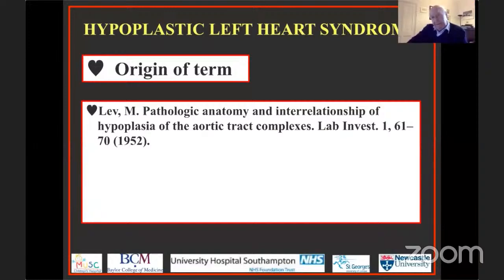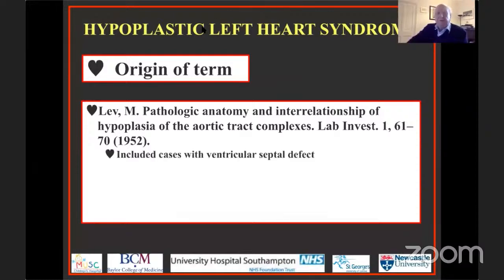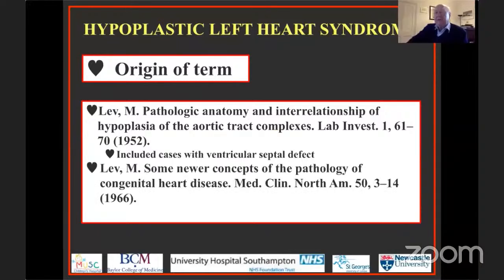And what is significant for our discussions today is that around this time, Lev produced two descriptions of his findings. This is the first one, to which Noonan and Nadas had referred, 1952. And what is interesting is that in that initial description, Lev included cases with ventricular septal defect.